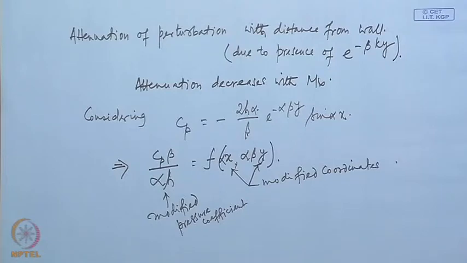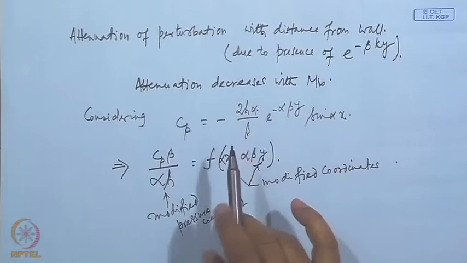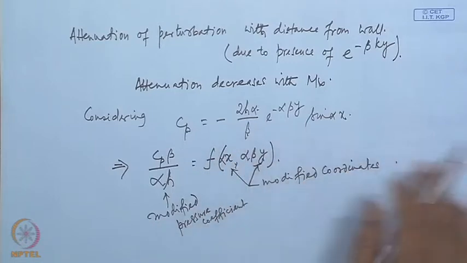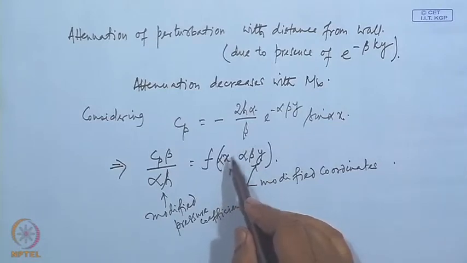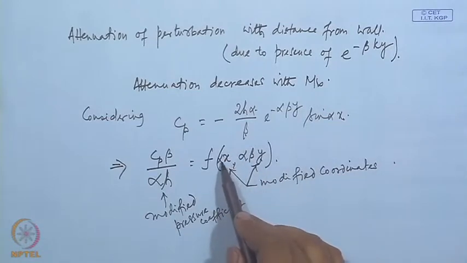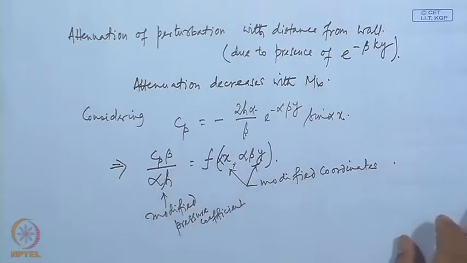That means, it is possible to reduce to 3 parameters, and what it implies is that if we have 2 bodies with these coordinates being the same, then this modified pressure coefficient will also be the same, and hence knowing the solution for one such body, we can obtain the solution for similar other bodies.